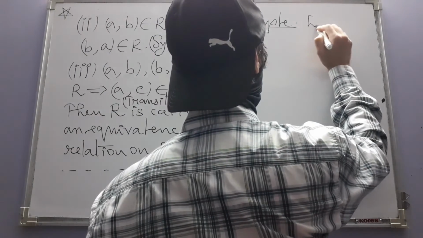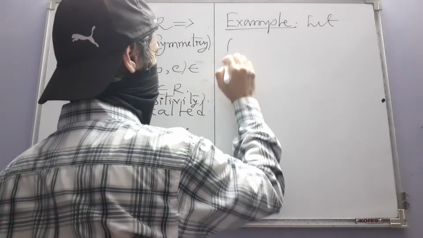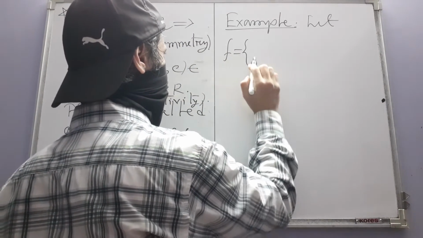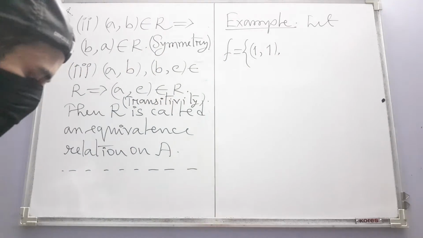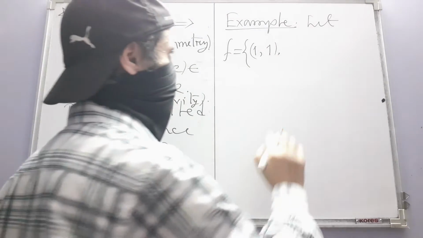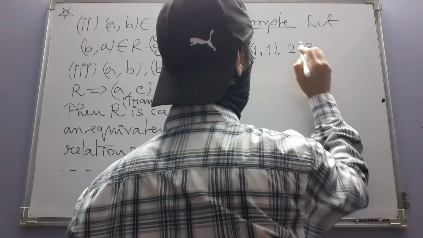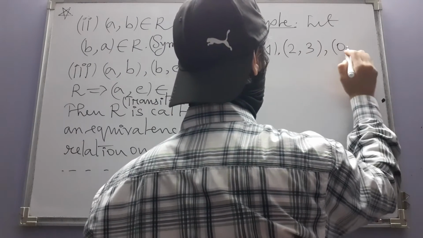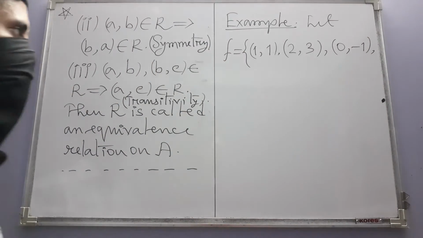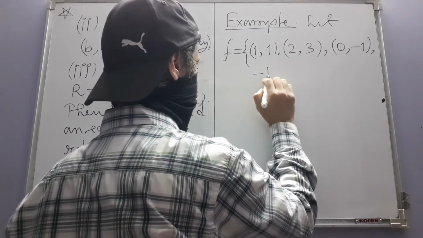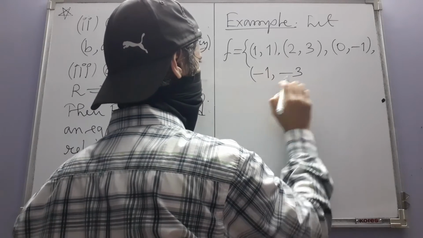Let a set of ordered pairs of numbers be given, and there is one more, (-1, -3).